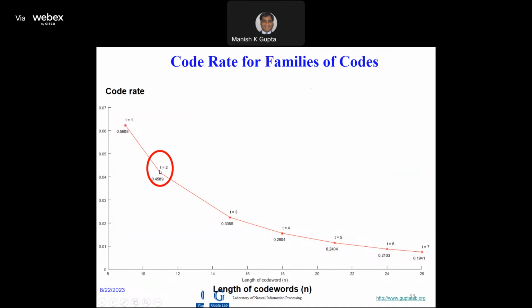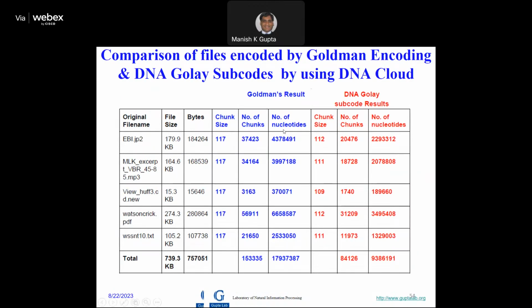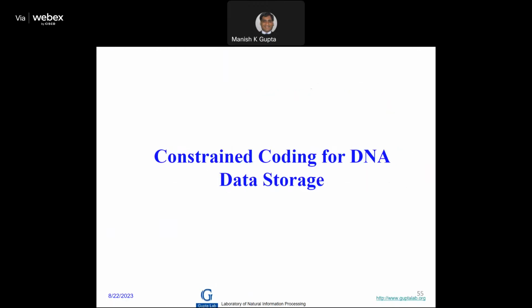There are 5 different families other than the ternary Golay code, which you can try. And you can see that there is a significant improvement in terms of number of chunks and number of nucleotides compared to Goldman results. So this is a modification of the Goldman paper initially.